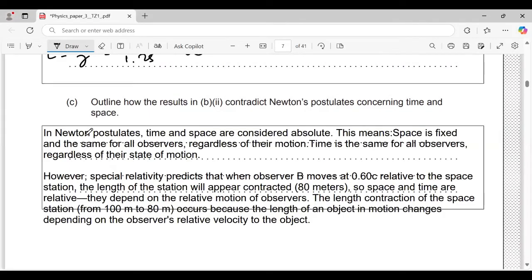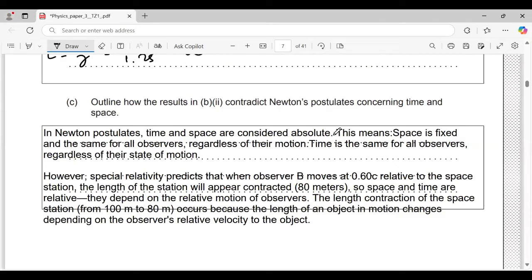In Newton's postulates, time and space are considered absolute. This means space is fixed and the same for all observers, regardless of their motion.